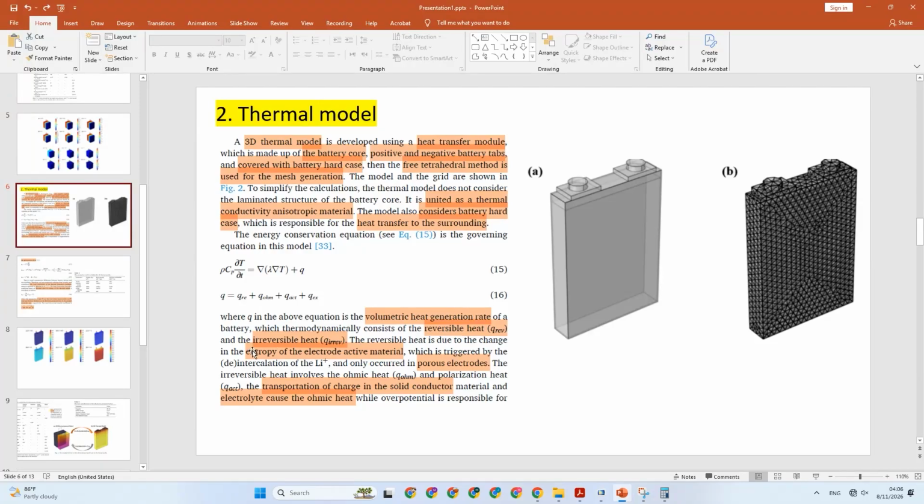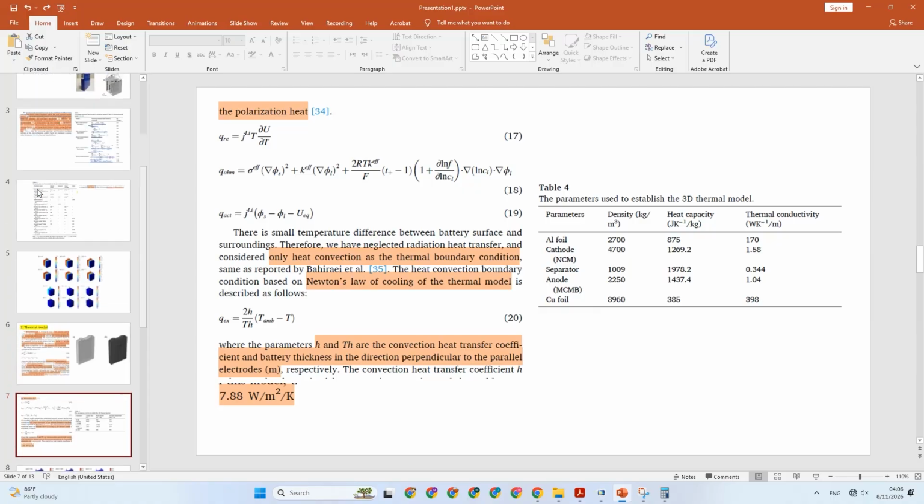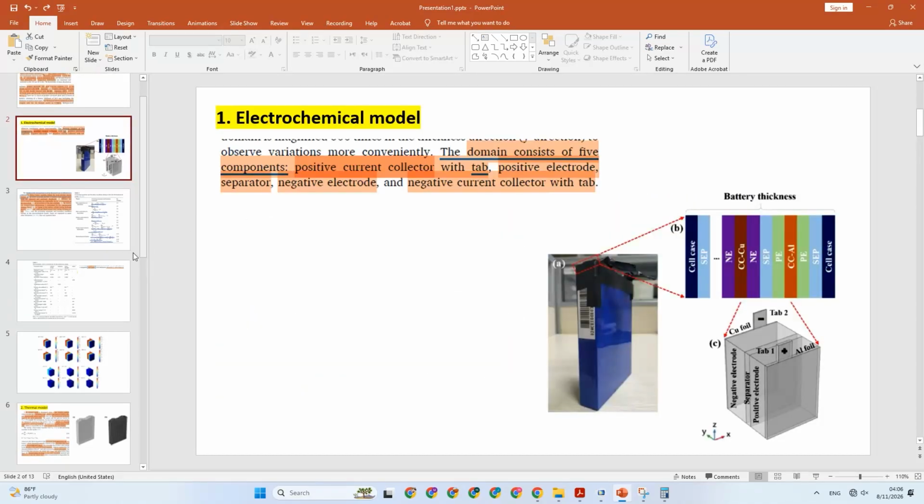Maybe these must come from the equation of electroanalysis in part 1, electrochemical model.